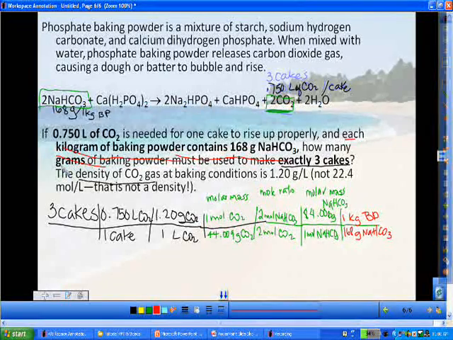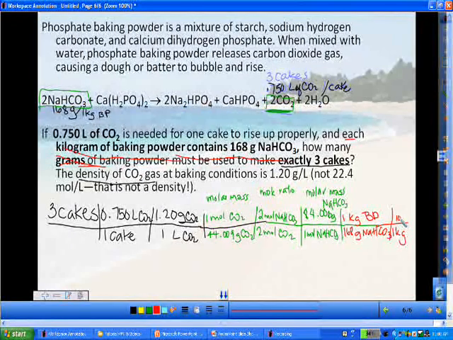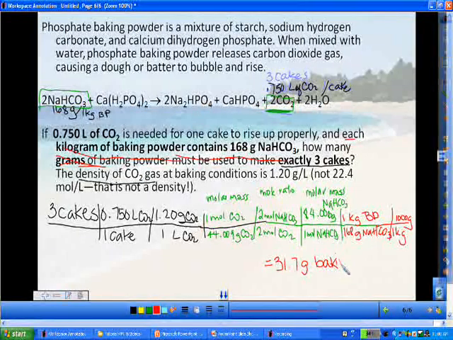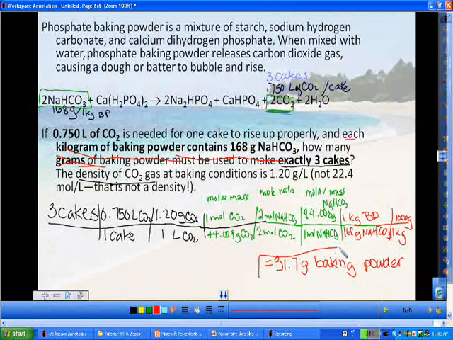And since we want to know how many grams of baking powder we have, we'll get this value and then we need to convert it to grams. So 1 kilogram is equal to 1,000 grams, and this should give you an answer of 31.7 grams of baking powder. That is how many grams you would need for 3 cakes, exactly 3 cakes, 31.7 grams of baking powder.